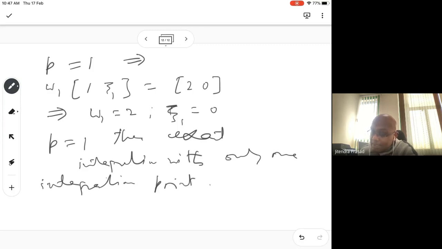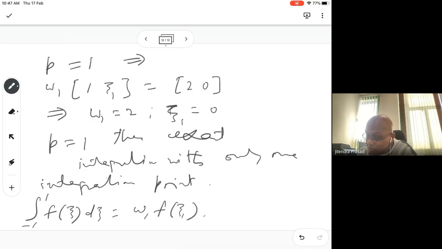And that tells you the integral from -1 to 1 of F of xi d xi is equal to W1 F of xi 1, where W1 equal to 2, xi 1 equal to 0. As simple as that.